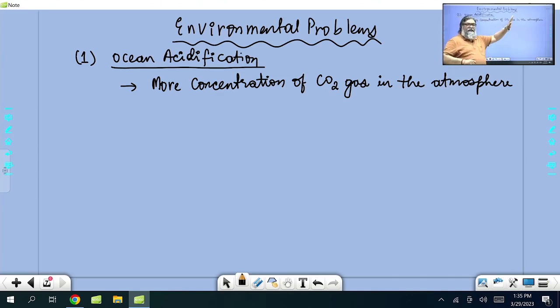Right from the industrial revolution, which started in Europe and industrialized countries, till the present day, more than 200 years, mankind has been burning coal and fossil fuel in large quantity, right? So in the atmosphere there is more concentrated CO2 gas due to higher use of fossil fuels.